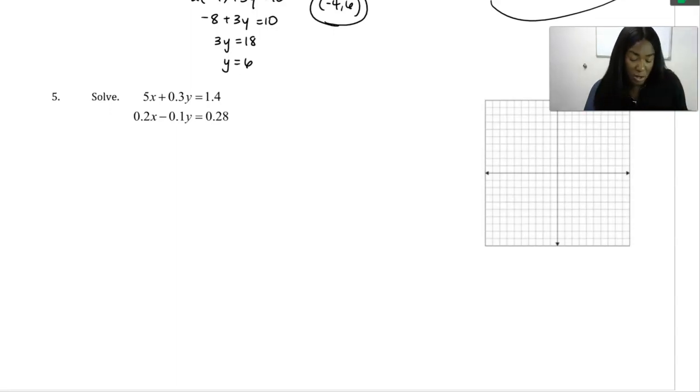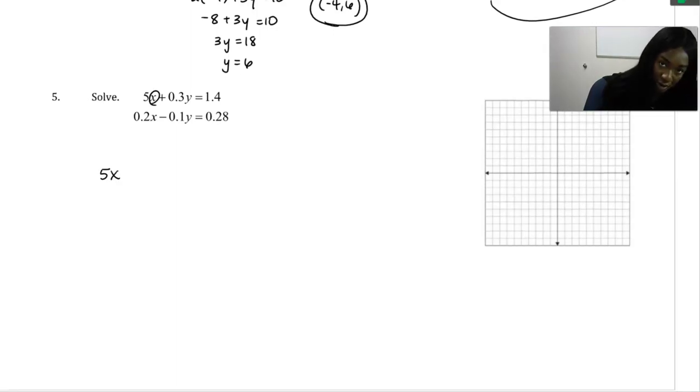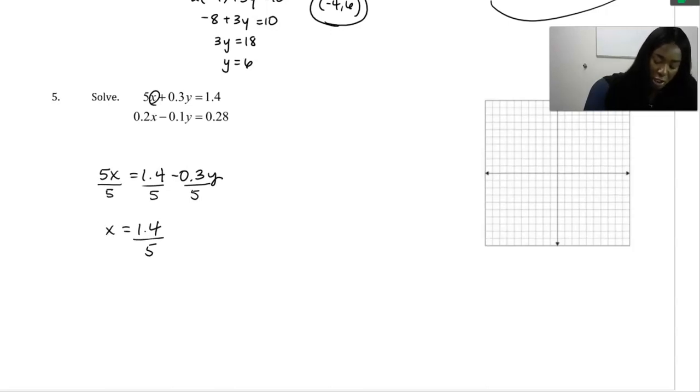We're going to do example 5 in a second, but just really quickly, say you want to solve for that x. You would subtract the 0.3y to the other side of the equation, and then you have to divide by 5. This is missing a y, and that's what the equation looks like for what x is equal to. That's not particularly pretty to work with.